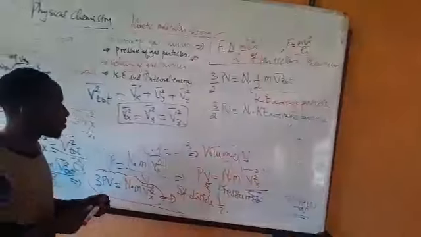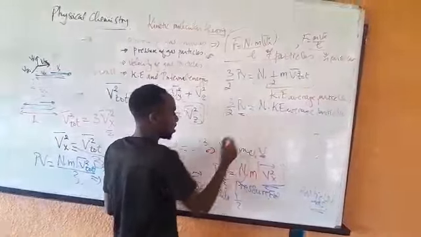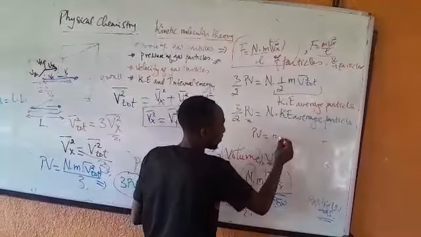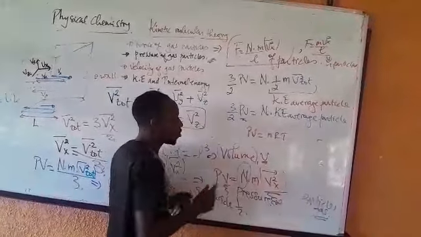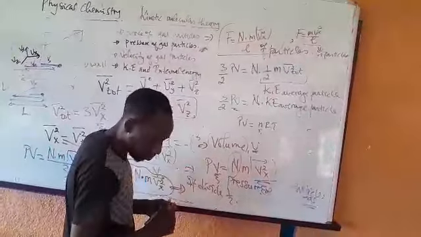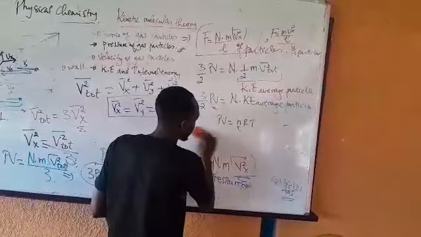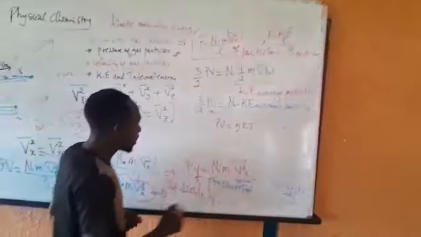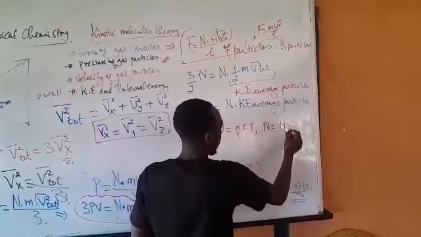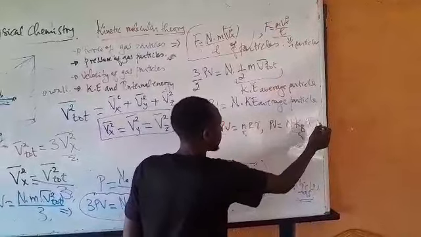Then if you have this, we know that from the ideal gas PV equals nRT. You can substitute this into this. And PV also equals the number of particles times Boltzmann's constant times temperature.